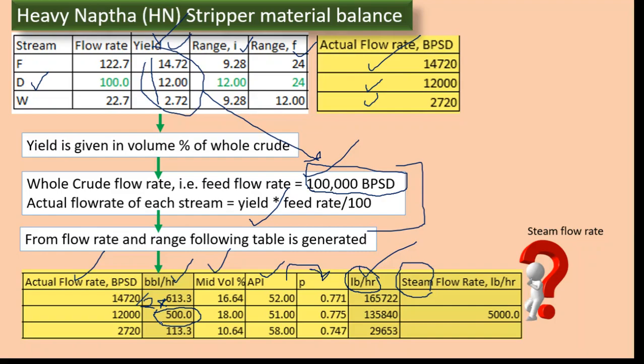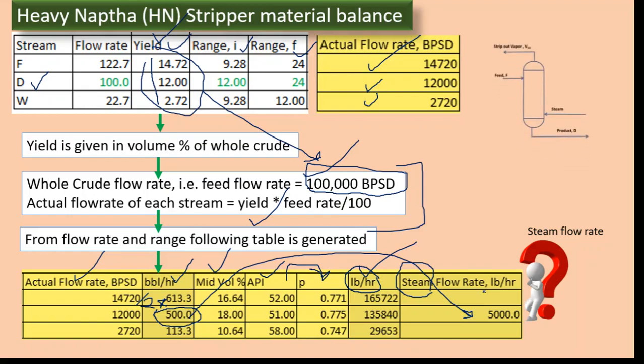So for 1 barrel it is 10, and for 500 barrels it is 5000. So 5000 pounds of steam is required per hour for this given stripper. This is basically the overall material balance, where we have calculated each and every stream including the steam.